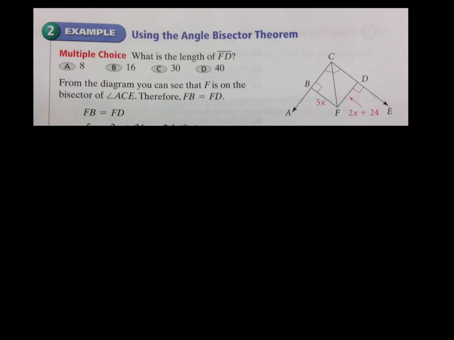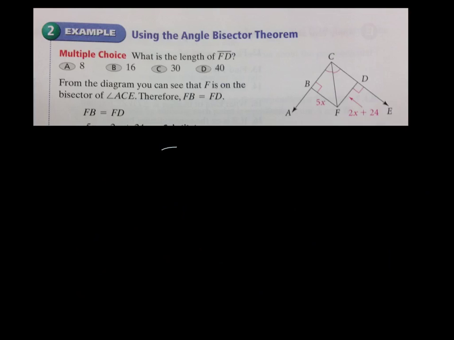Now let's look at example 2, using the angle bisector theorem. We know that F is on the bisector of angle BCD because of the arcs. So CF is the angle bisector. So F has to be the same distance from ray CA as it is from ray CE. So if we're trying to find the length of FD, first we've got to figure out x.